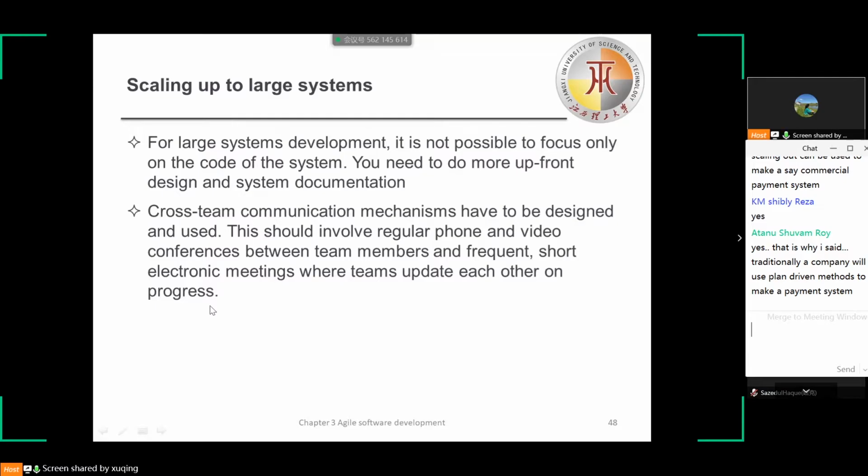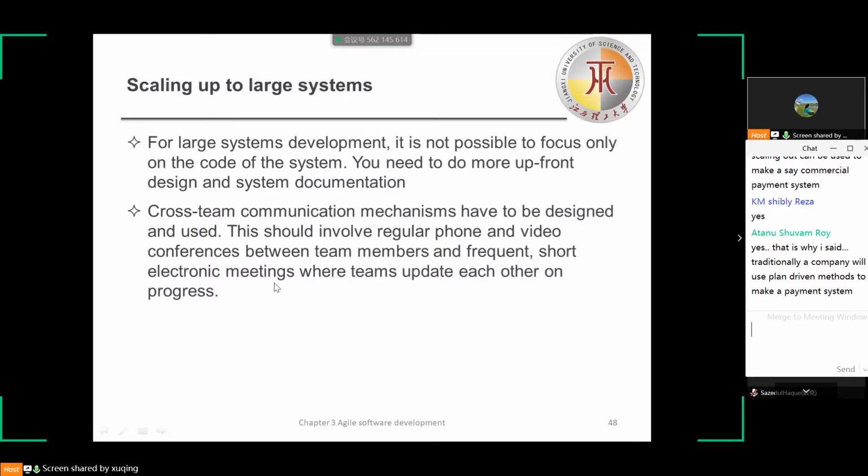As we said, for agile methods, most of the time the whole team sits together and has short meetings, face to face, but for a large system this may be different. So we have to consider different communication channels such as emails or social networking systems, to facilitate communications.